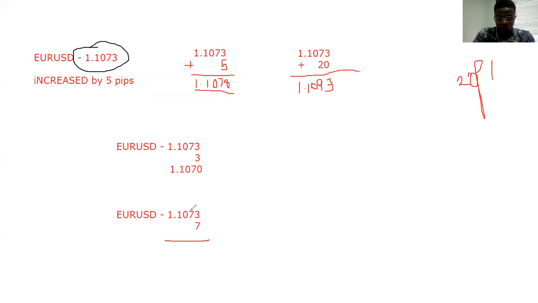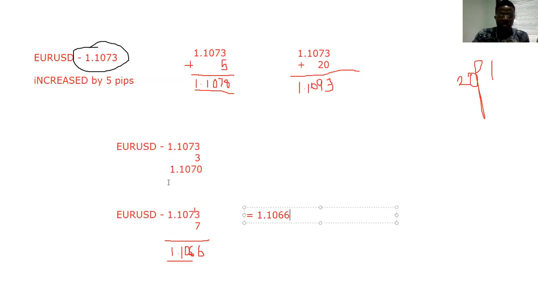So you borrow 1 from here, you add it here. So that means 13 minus 7 would give us 6. Then 7 here, because you borrowed 1, turns to 6. So 6, 0, 1, 1. So the new value is going to be 1.1066. So it's quite simple.